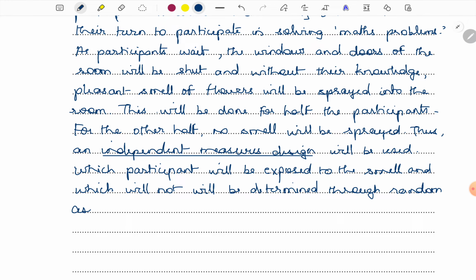Since random allocation is not a part of the AS-level study designing, I am not elaborating on how a lottery method will be used for it. I'm just specifying it here as a passing part of the procedure.